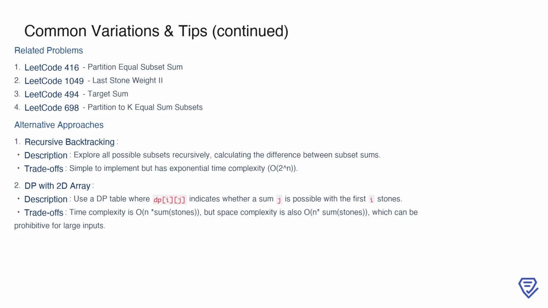In this approach, dp[i][j] tracks whether a sum j can be formed using the first i stones. While effective, the time complexity of n times sum of stones and space complexity of n times sum of stones can become prohibitive for larger sums or inputs. It's important to weigh the trade-offs of these approaches depending on the specific problem constraints.